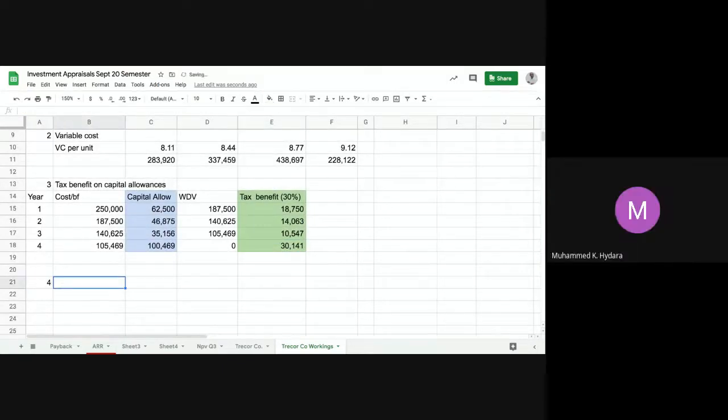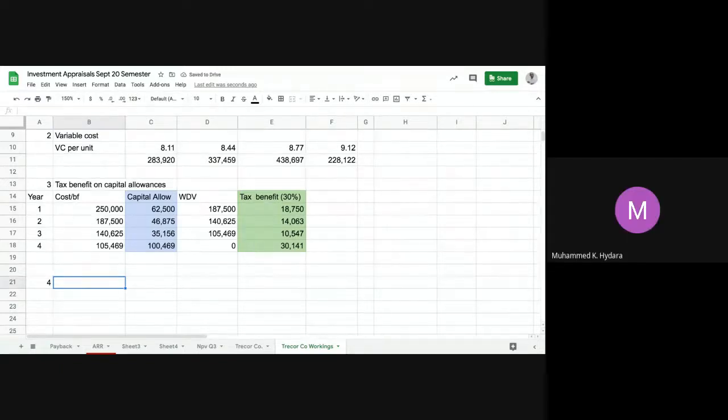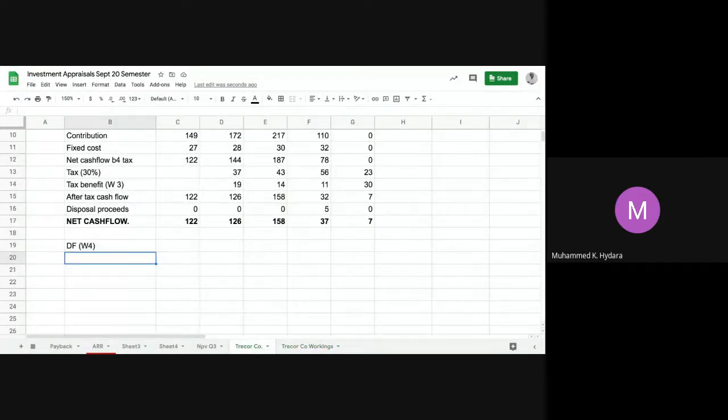Mr. Fofana, please, why under the tax benefit was the capital allowance divided by 1,000? You know, under the tax benefit, we divided the capital allowance by 1,000 each. That's where we get 19, 14, 11, and 30 to the nearest whole number.